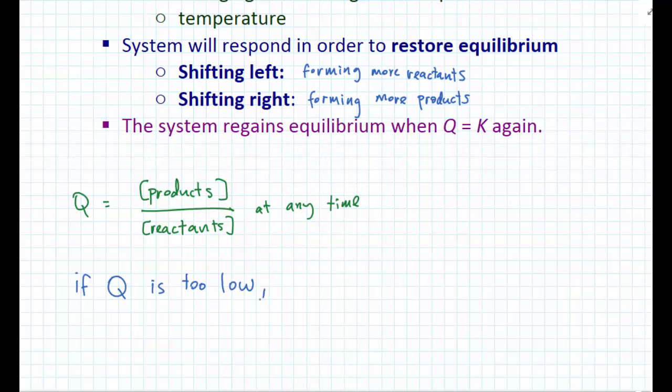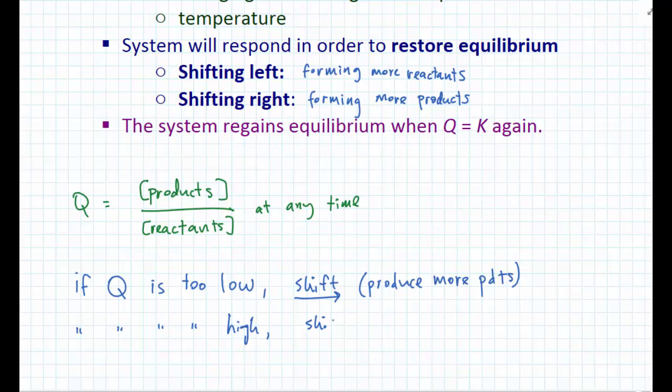If we calculate the new Q compared with K, if Q is too low, what will the reaction do? Think about that. It will produce more products and shift right. Q is too low, we shift right. If Q is too high, opposite.